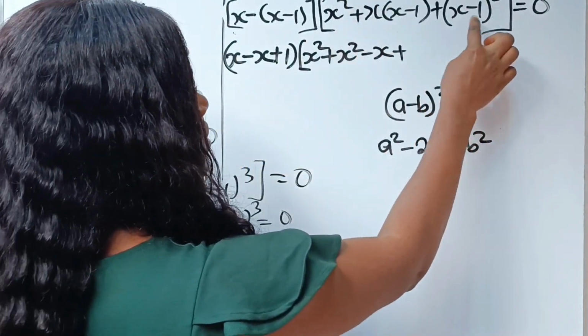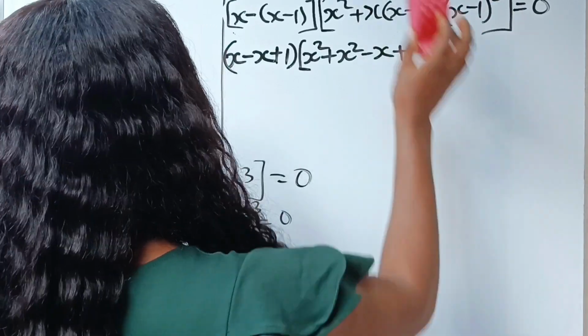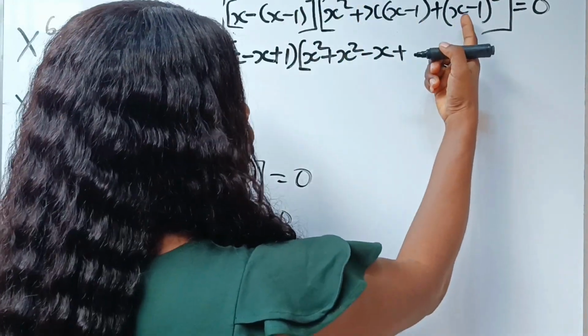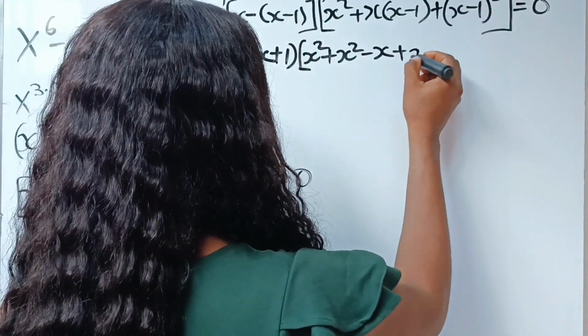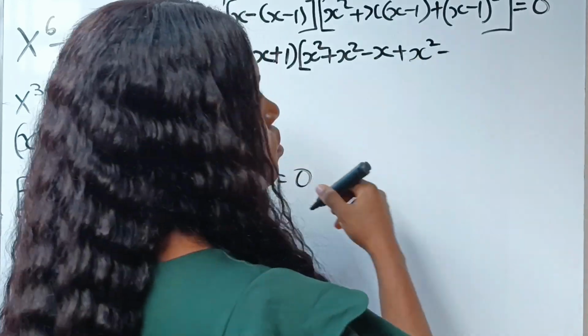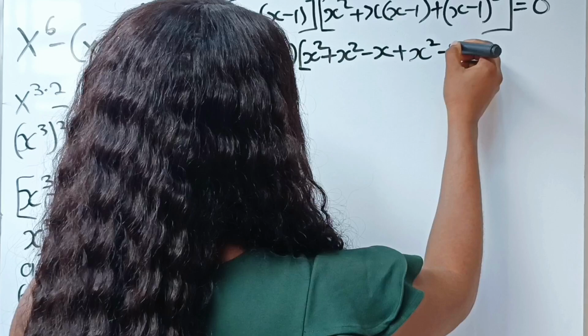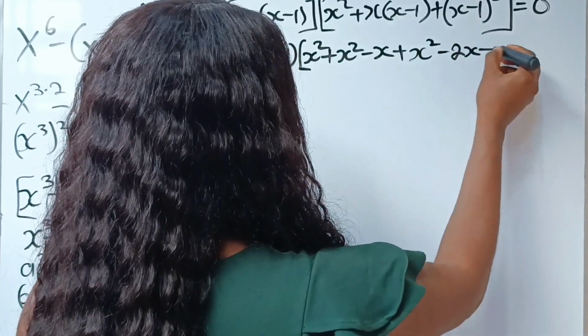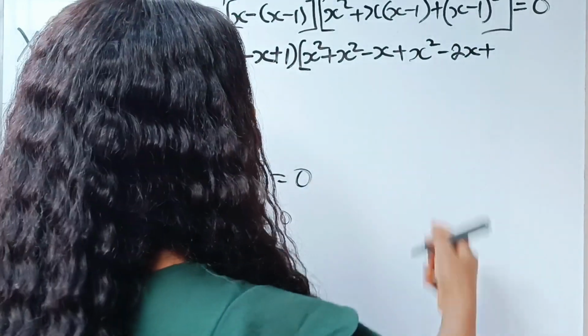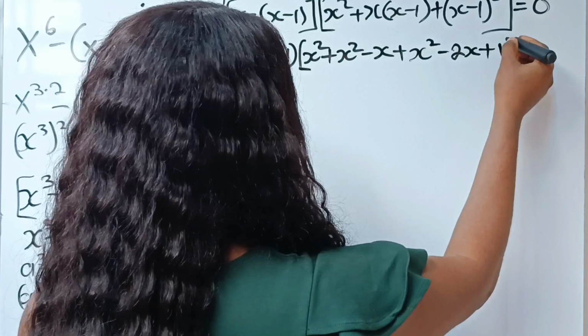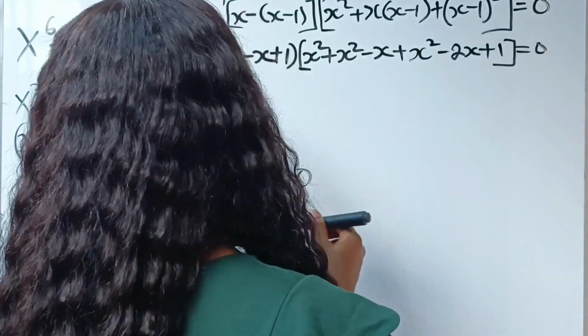Now our a is x and our b is 1. So it's going to be a squared, that is x squared, minus 2ab, that is 2 times x times 1, which is 2x, then plus b squared, which is 1 squared, which is still 1, is equal to 0.